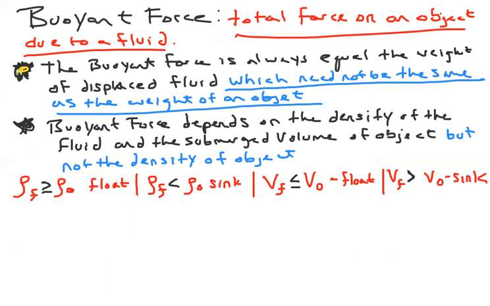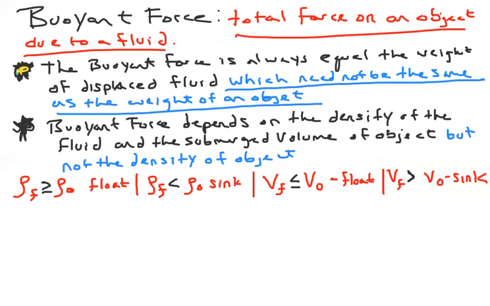And then the second one is that the buoyant force depends on the density of the fluid and the submerged volume of the object, but not the density of the object. So think of a giant aircraft carrier. Those things weigh tons, so much. But they float in the ocean. Why? Well, that's because it's filled with air.